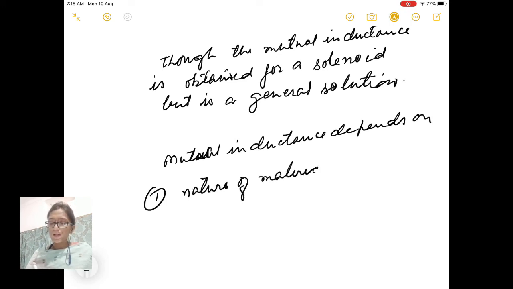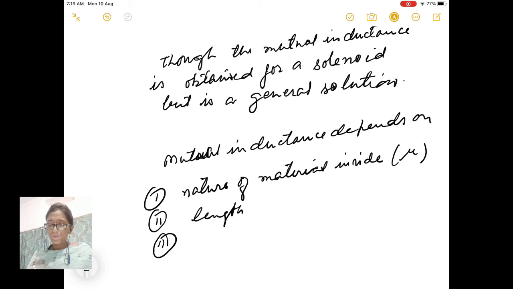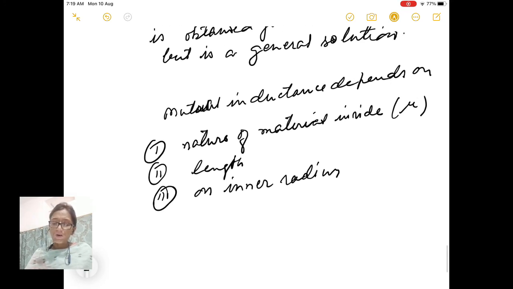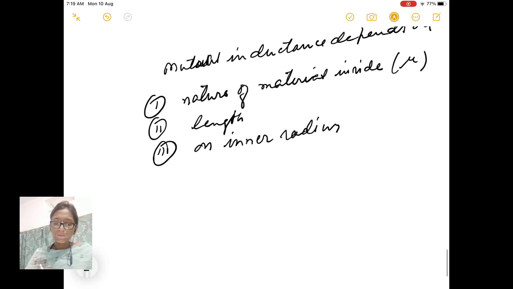For mu, the nature of the material inside. So it depends on length, inner radius, and the number of turns of the two solenoids.